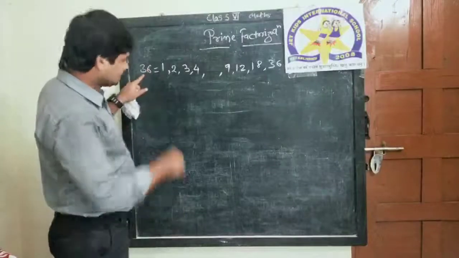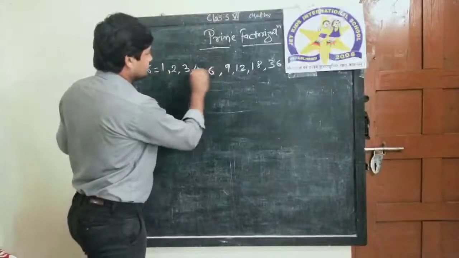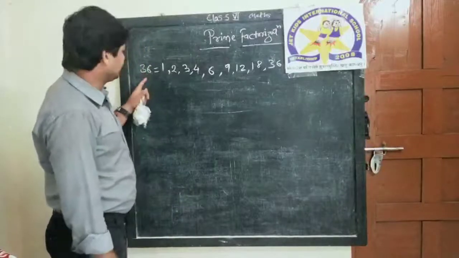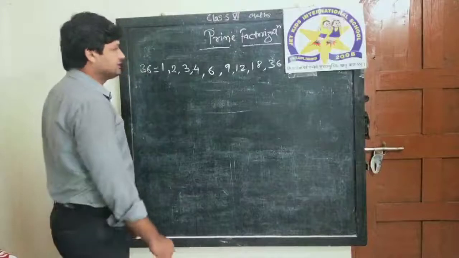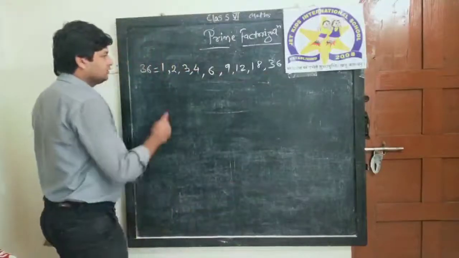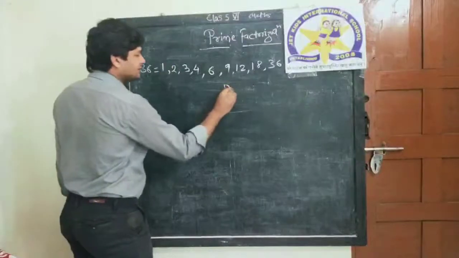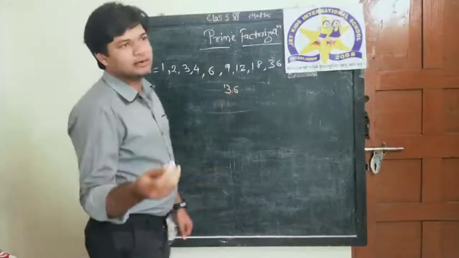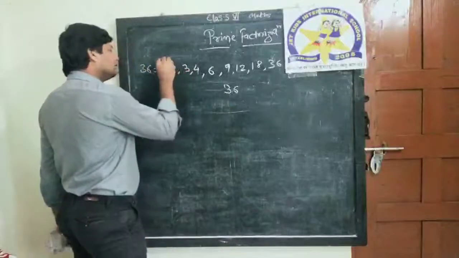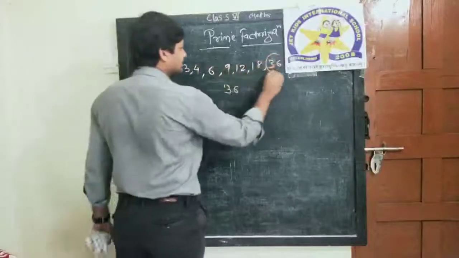No. 6, yes, 6 multiplied by 6. Not 7, not 8. Clear? So now here we have our factors. In prime factorization we take factors in only prime terms, so here we are leaving out 1 and 36 first.